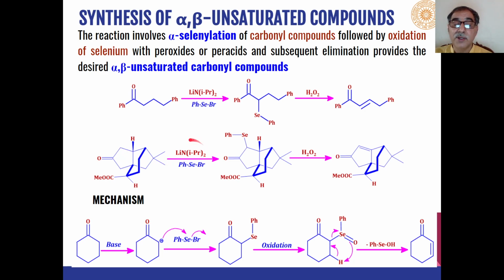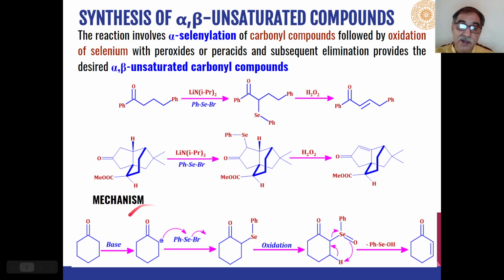So, in presence of lithium diisopropylamide and phenyl selenium bromide, this will be converted into this intermediate selenium compound. Alpha selenation will be done, and then this alpha selenated product on oxidation with hydrogen peroxide is converted into an alpha beta unsaturated ketone.